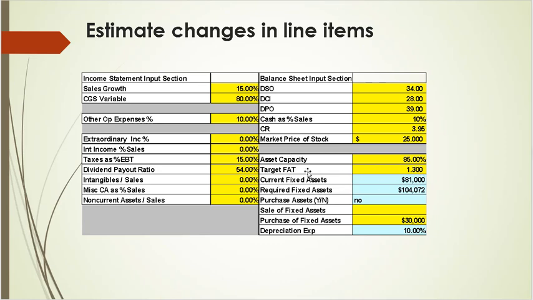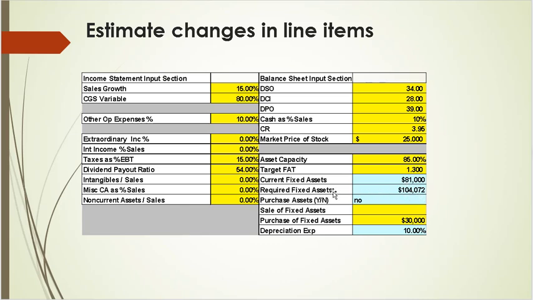The target fixed asset turnover ratio just talks about our use of our plants and equipment and whether we're being efficient. But in this case, it's going to help guide us to whether we need to buy assets or not. So in this case, if you look, it says our current fixed assets are $81,000. Our required fixed assets is $104,072.